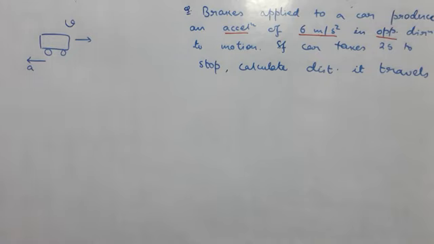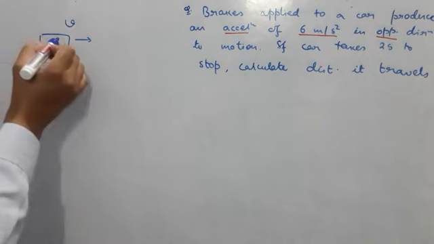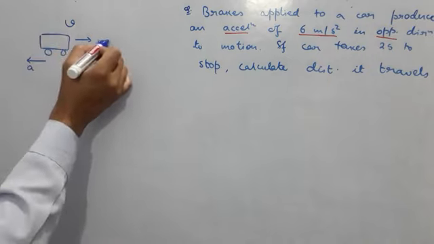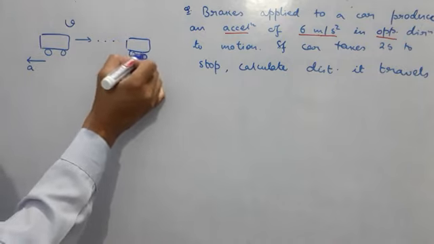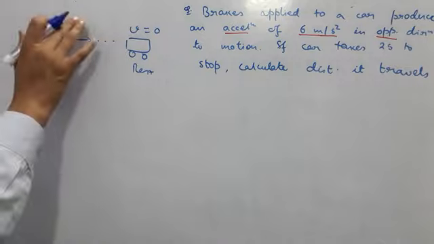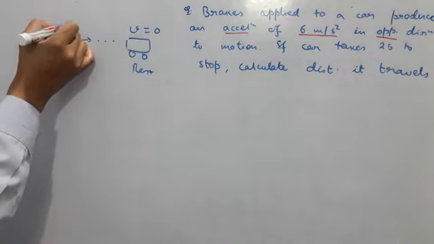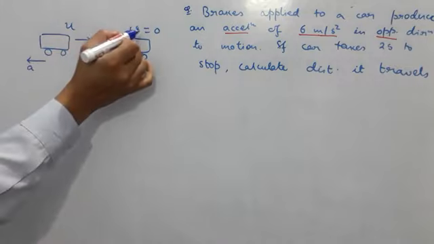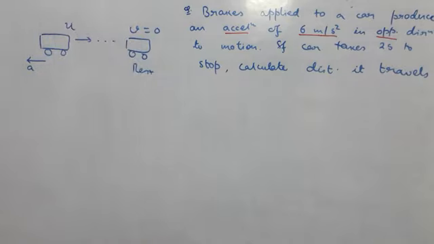So on applying brakes, what happens? Speed decreases. So when we apply the brakes of a cycle or car, speed will go on reducing and it may become zero after some time. It was traveling with some velocity, then after some time it comes to rest. Its velocity becomes zero. Initially it had some velocity which we'll write as u. Finally it comes to rest, so its velocity becomes zero.